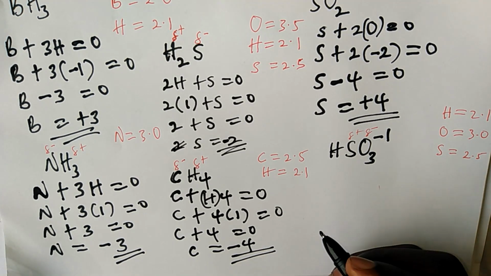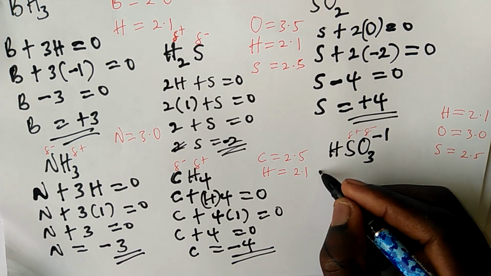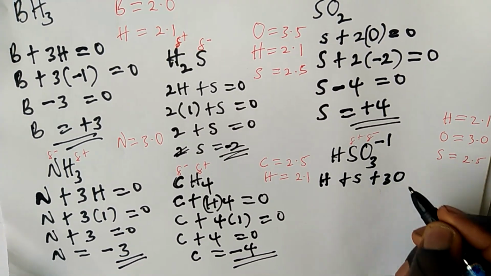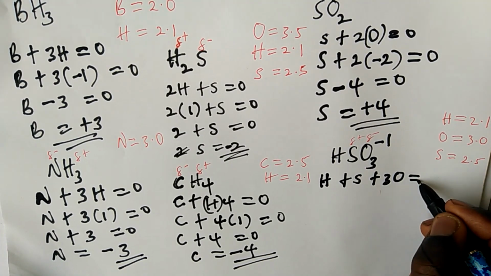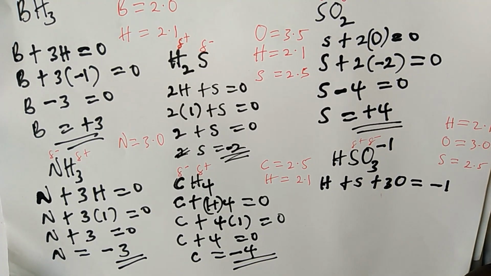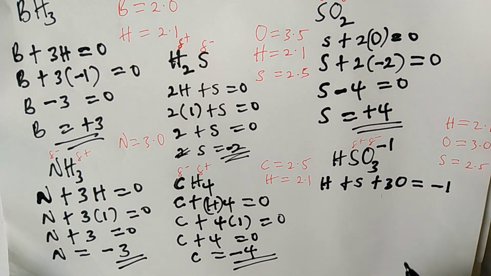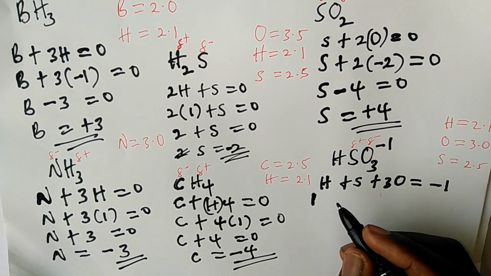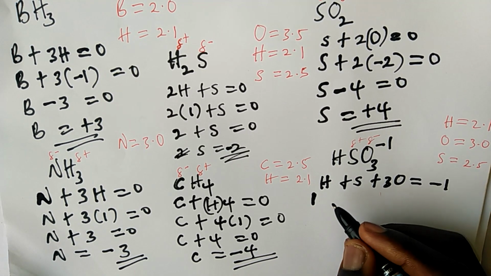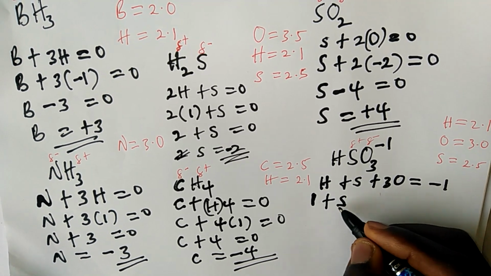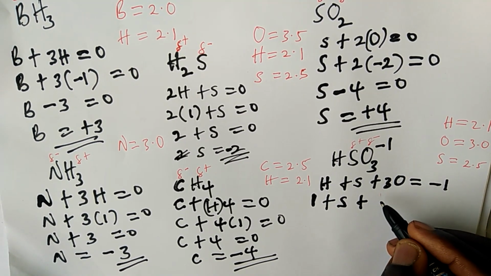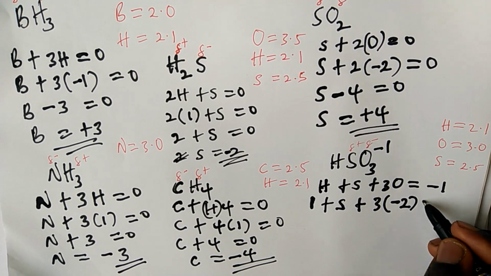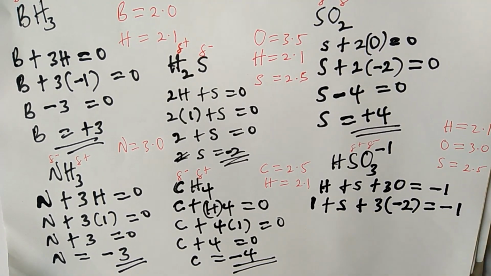Therefore, we say H plus S plus 3O is equal to minus 1. Right? Next, we know hydrogen is 1 because it's partially positive. So you just put 1 plus sulfur plus 3 times minus 2 is equal to minus 1.